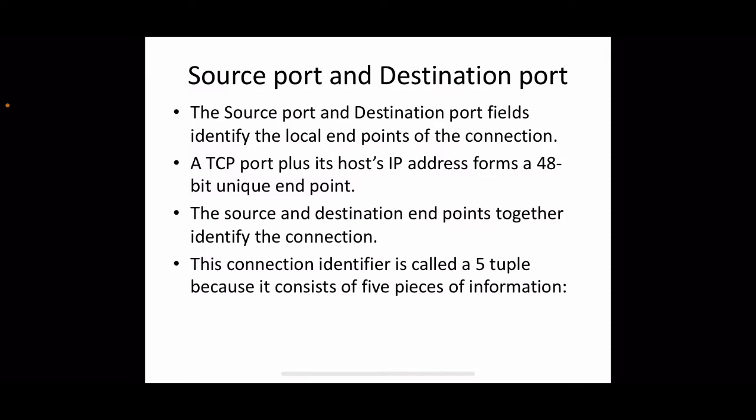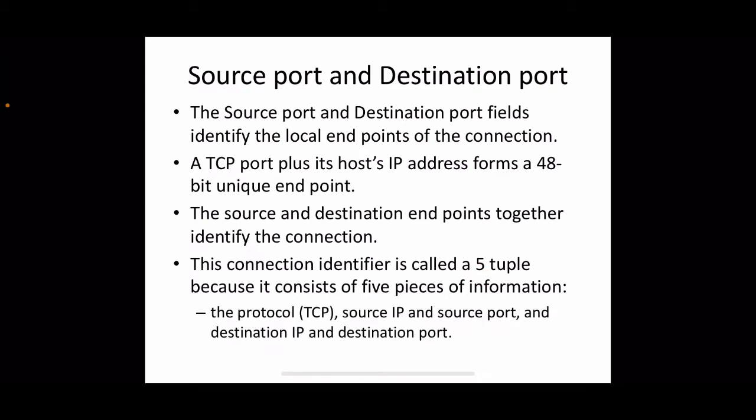Usually this connection identifier is called a five tuple because it consists of 5 pieces of information. What are they? The protocol used for this connection, that is TCP, source IP and source port, and destination IP and destination port. So 5 different pieces of information together form a connection.